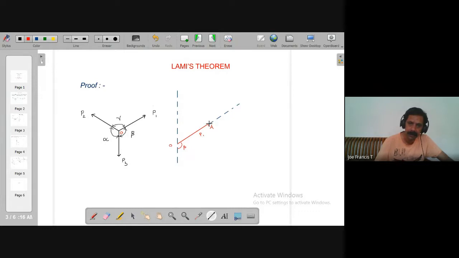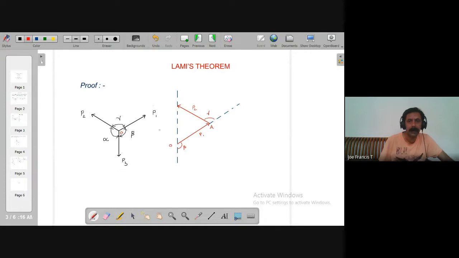So from here, I draw a line parallel to P2. So definitely it should meet somewhere here. So this is force P2. This angle should definitely be gamma. Right?